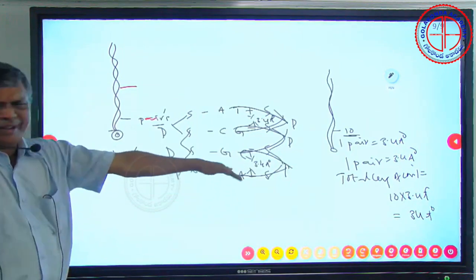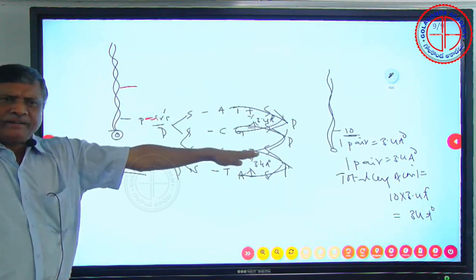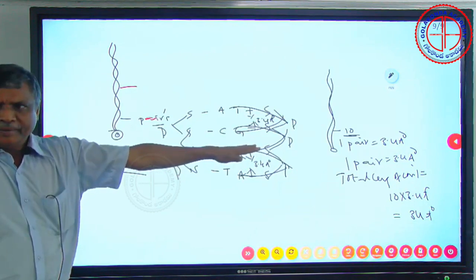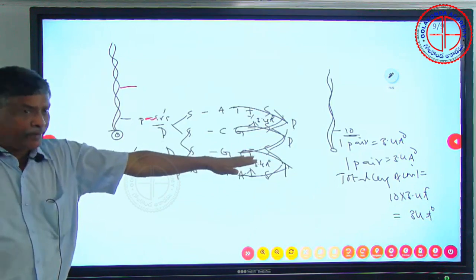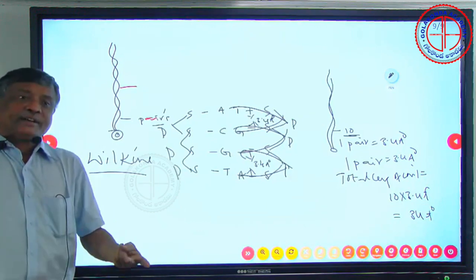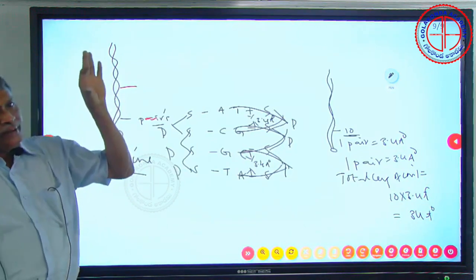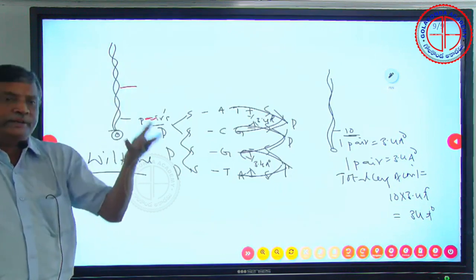Simply, Wilkins explained that nucleotides can be arranged in a coil, a pair of nucleotides orderly at a length of 3.4 angstroms. He also stated that a coil is filled with 20 nucleotides or 10 pairs, with 3.4 angstroms between a pair, and the total length of the coil is 34 angstroms.